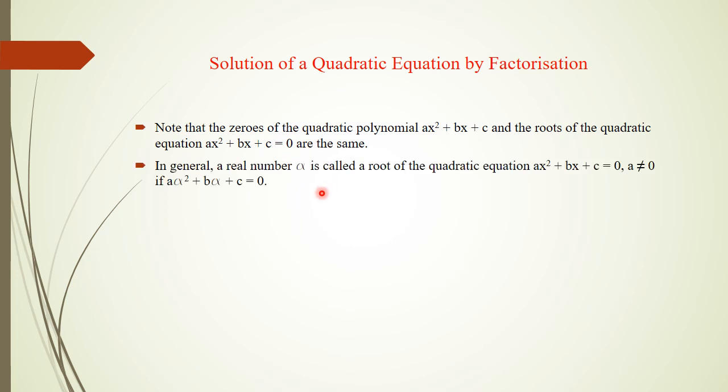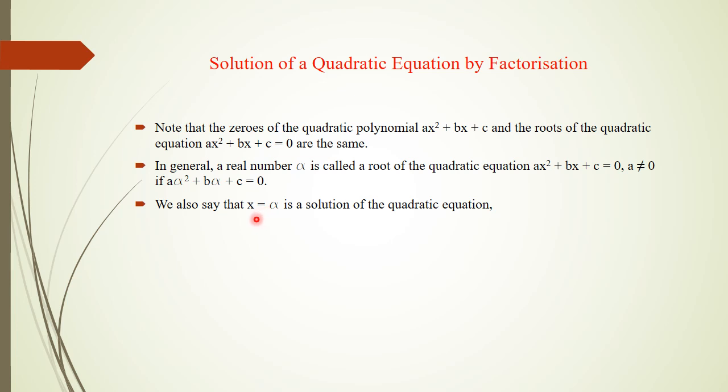If I want to further explain, in general, a real number alpha is called root of the quadratic equation ax square plus bx plus c equal to 0 if a alpha square plus b alpha plus c is equal to 0. That is any particular number, I can say it as alpha. When I substitute that alpha in place of x, upon solving that particular equation, that should be equal to 0.